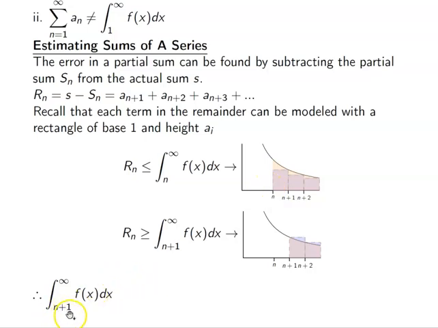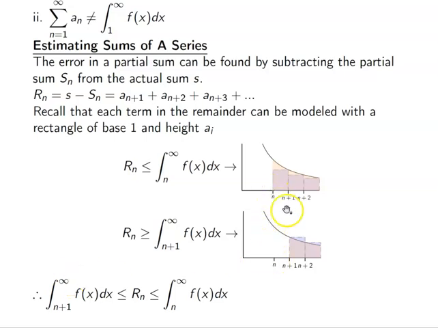So therefore, the integral from n plus 1 to infinity of a function is going to be bounded by the remainder, which is also less than the integral from n to infinity, which should make sense because from n to infinity there's more under the curve than there is from n plus 1 to infinity, right?